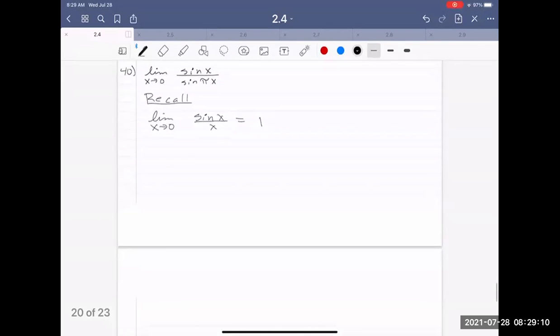So let's somehow try to use that to simplify this. I have the limit here as x approaches 0 of sine x over the sine of pi x.